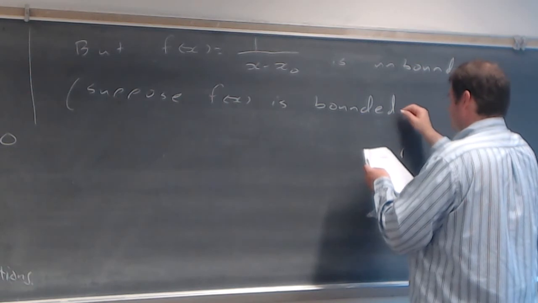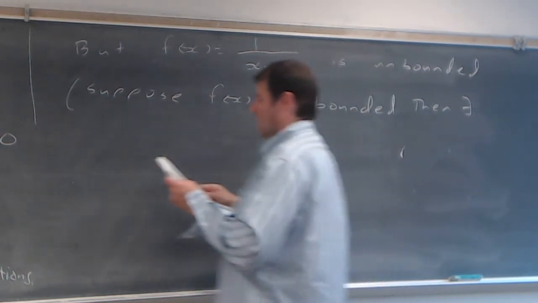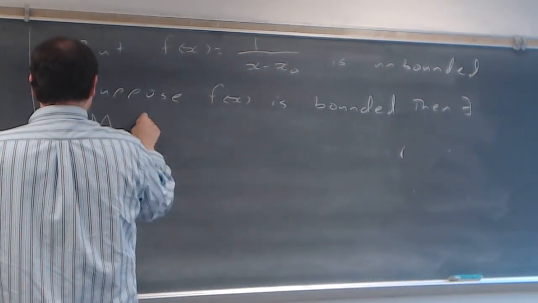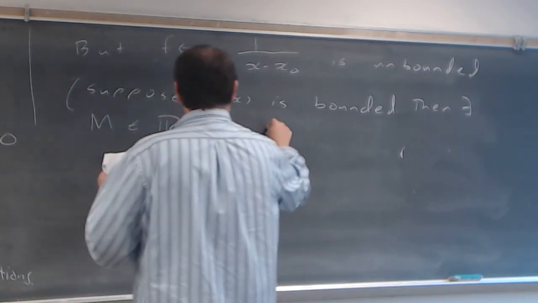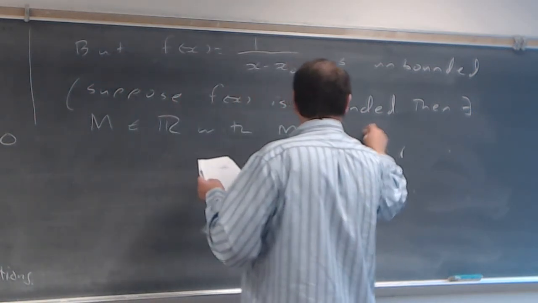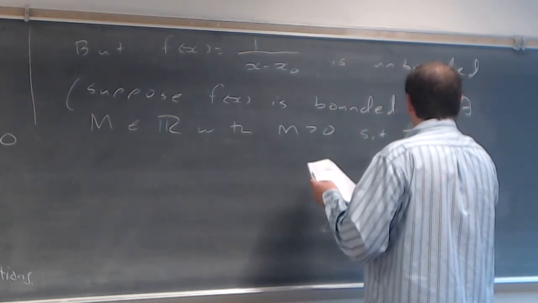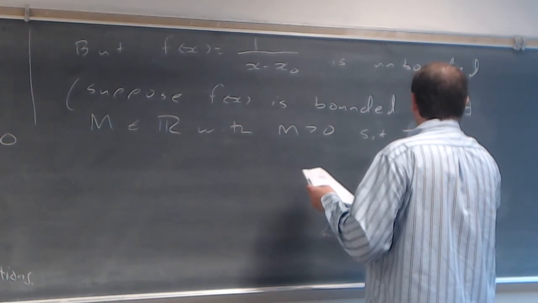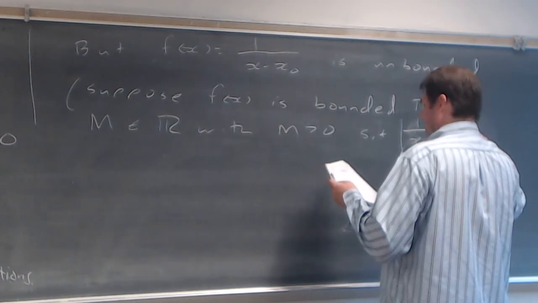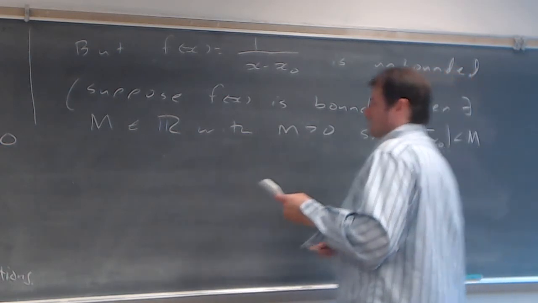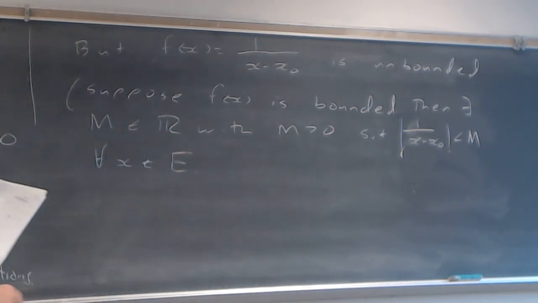What would that mean? That would mean that there exists an M element of R with M bigger than 0, such that the absolute value of 1 over x minus x naught is always less than M, for all x element of E.